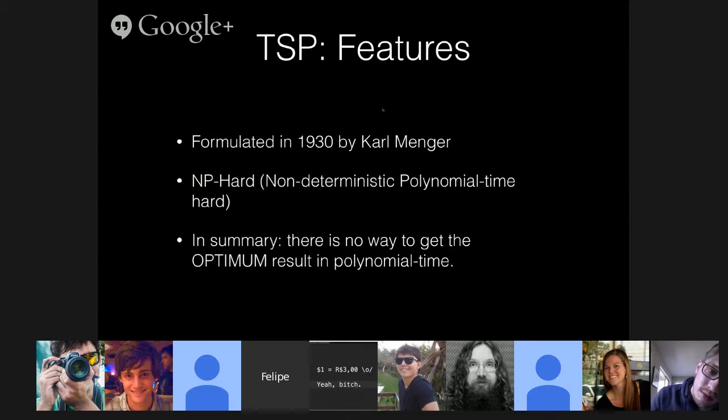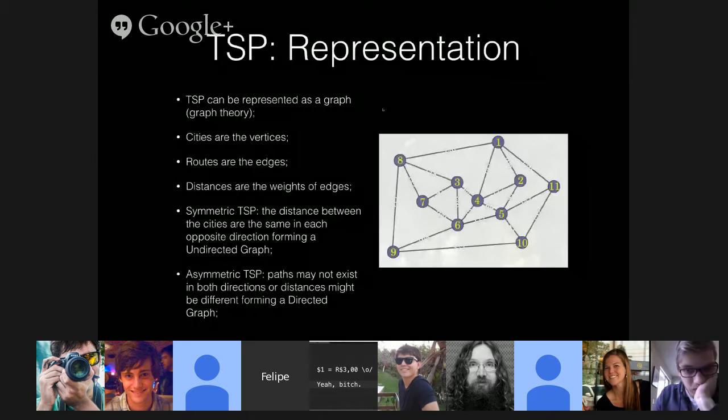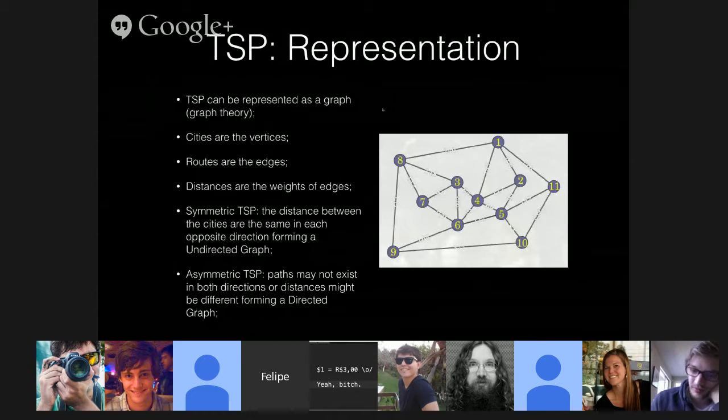So let's see how to represent this problem. The TSP can be represented as a graph, like in this image. We have an example of this problem, where the cities are the vertices, the roads are the edges, and distances are the weights of the edges.